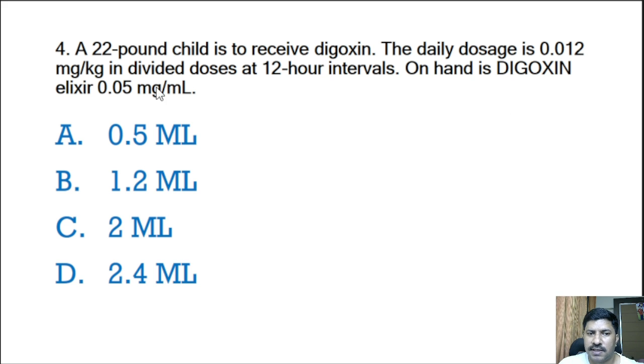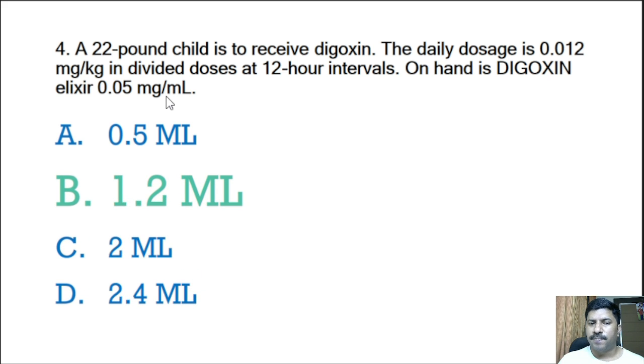Available digoxin syrup is 0.05 milligram per milliliter. So we have these values in hand and need to solve the question. Our answer will come 1.2 milliliter of digoxin syrup. So we will go to the solution.